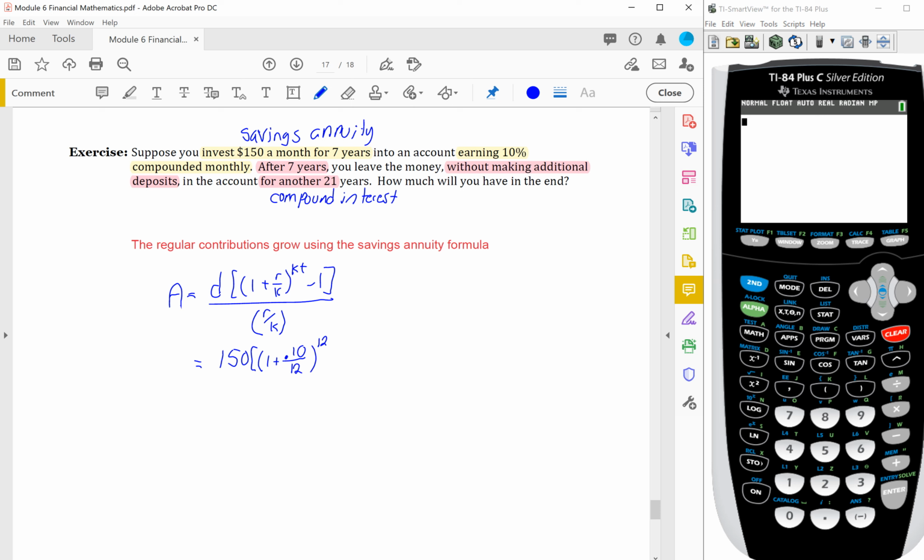Raised to the 12 times t, the number of years. We were doing this for 7 years. So 12 times 7 minus 1. All divided by your interest rate, again as a decimal, divided by 12.